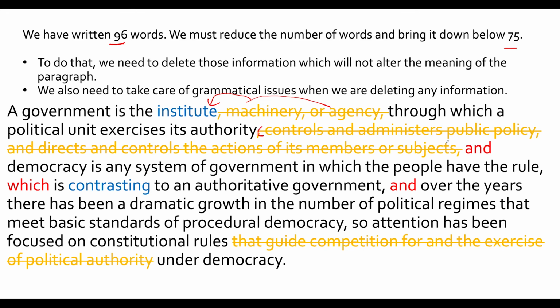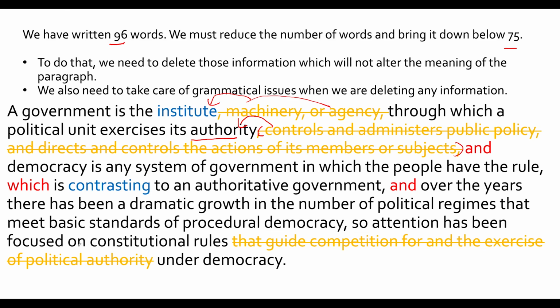This part is quite clearly reflecting on the fact of authority. So with authority, I can understand all these. I don't need anything else. And democracy is any system of government in which the people have the rule, which is contrasting to an authoritative government. And over the years, there has been a dramatic growth in the number of political regimes that meet basic standards of procedural democracy.